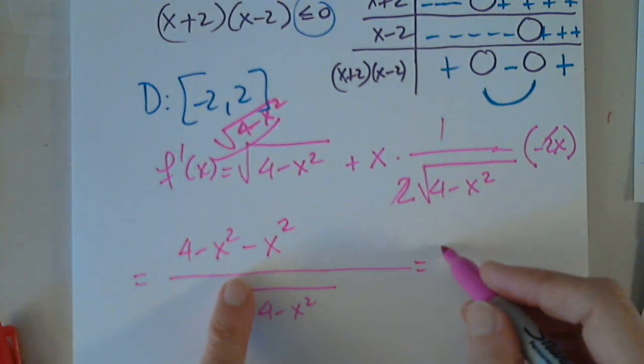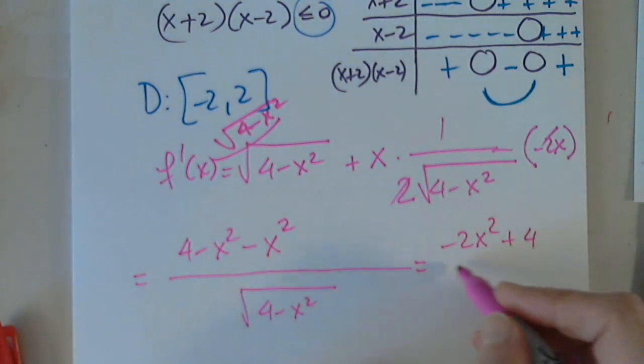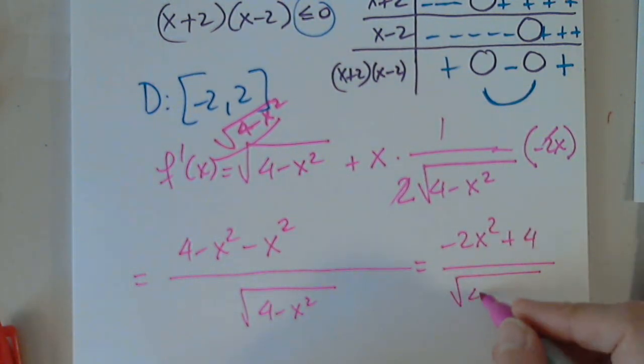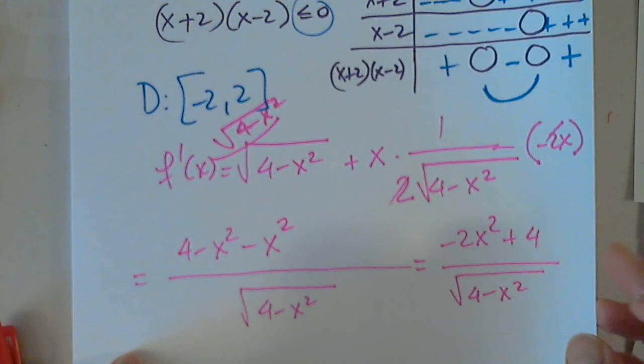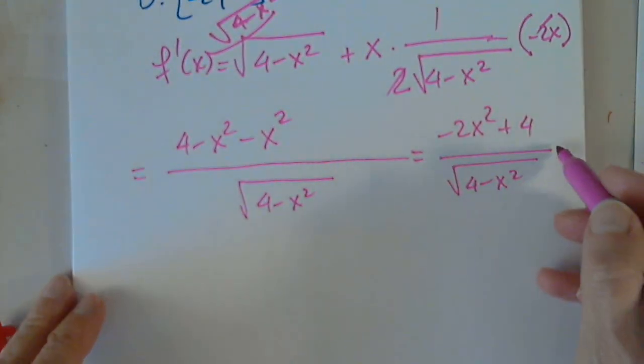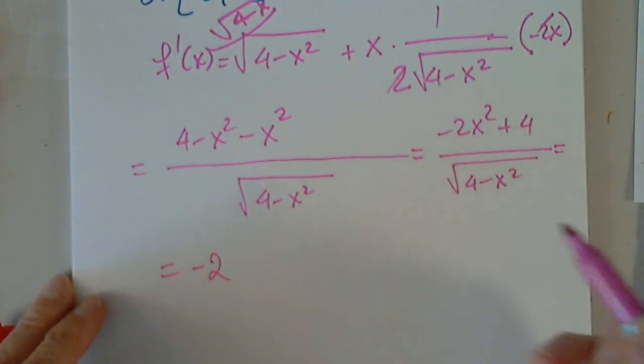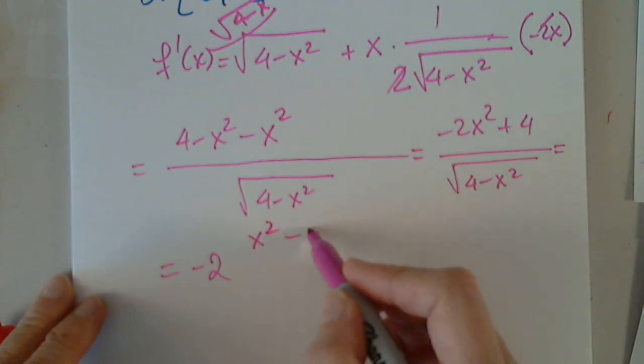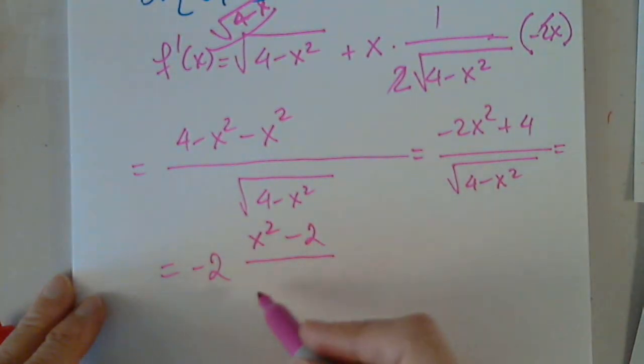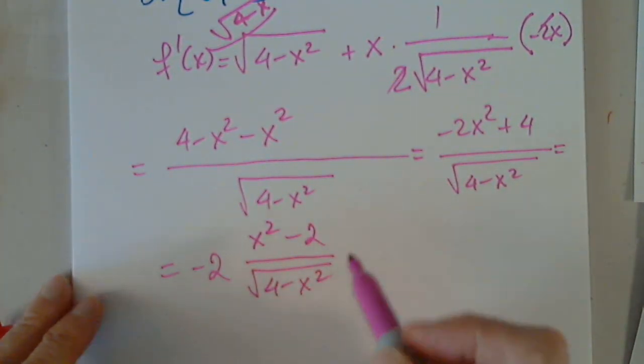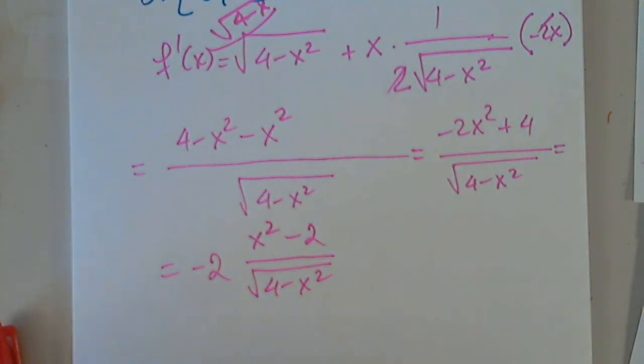So I have negative 2x squared plus 4 over the square root. Yes, you know me, I'm going to factor out negative 2, of course. And then the top is x squared minus 2 over the square root of 4 minus x squared. This is not an easy problem, as you see.